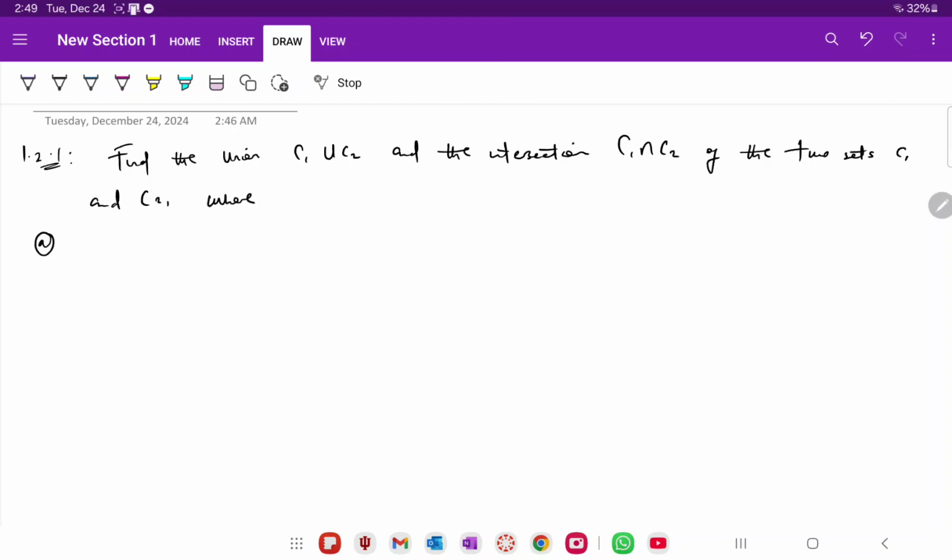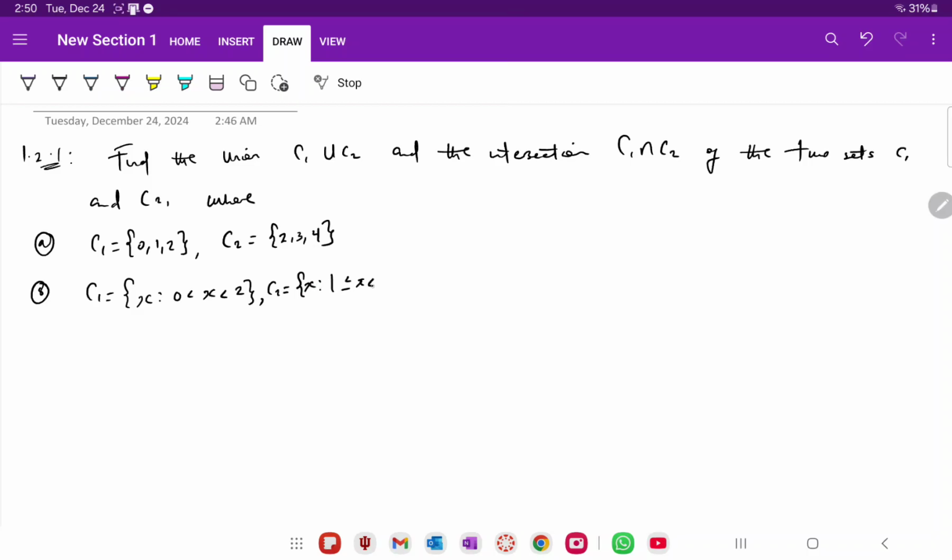where, A, we have C1 equals {0, 1, 2} and C2 equals {2, 3, 4}. Then B, C1 is x such that 0 < x < 2, and C2 is x such that 1 ≤ x < 3.